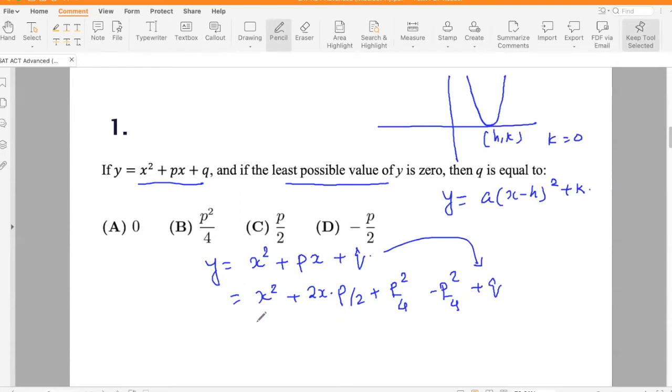I do that because then these three expressions will become x plus p by 2 the whole squared, and minus p squared by 4 plus q is already there.